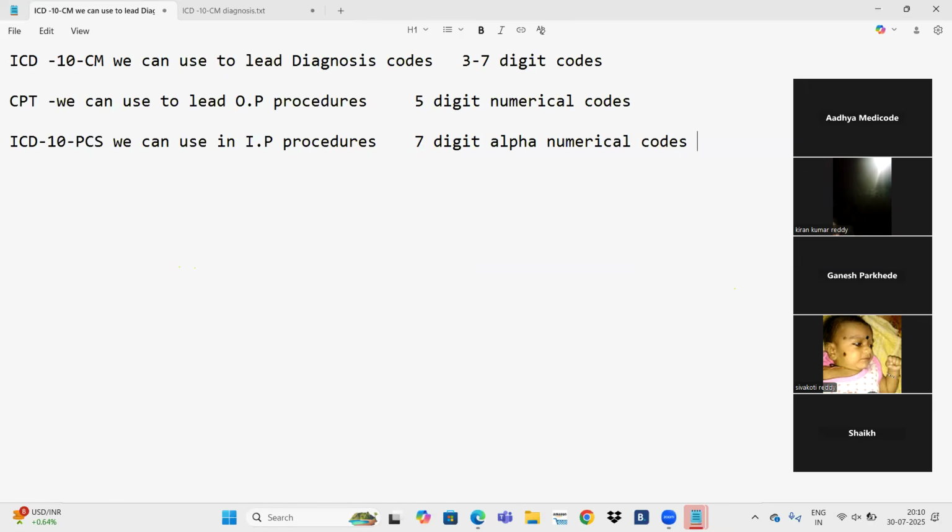So, in the procedure note, how can we identify whether it was an inpatient procedure or outpatient procedure? How will you identify it from the given procedure code options? How do you eliminate to decide whether it was inpatient or outpatient?